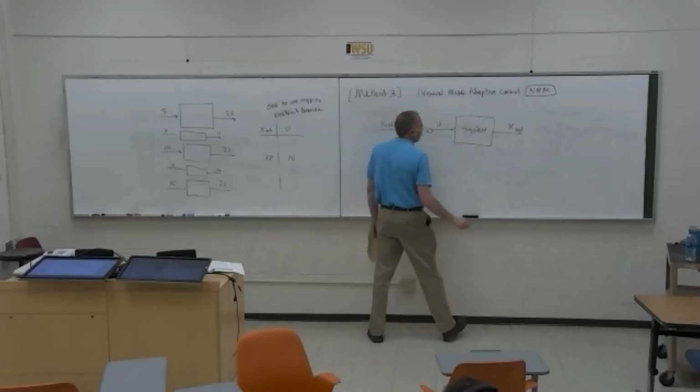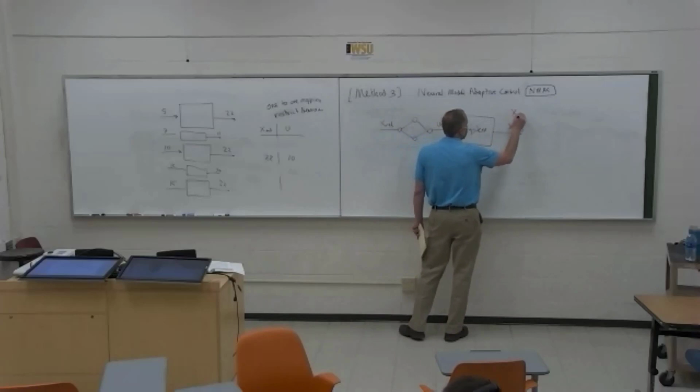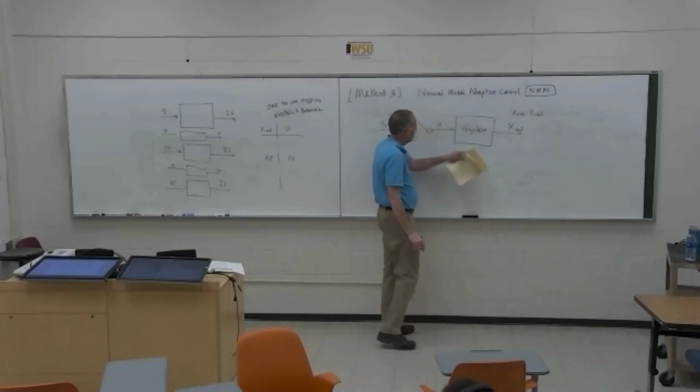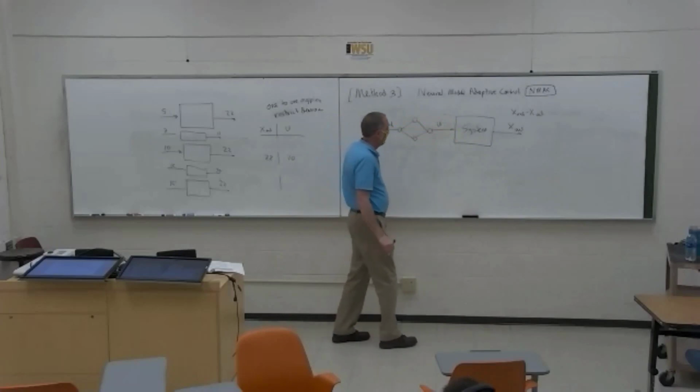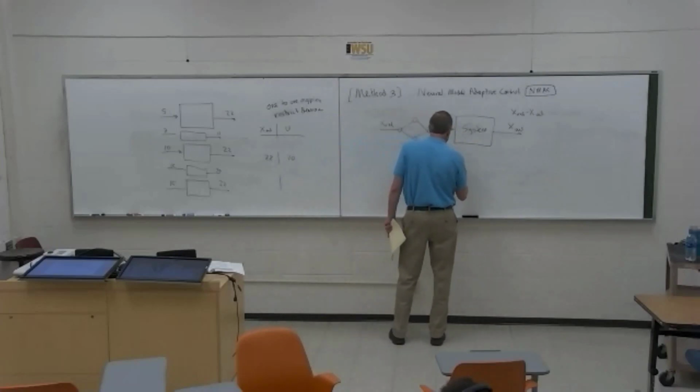And we have the issue that if we have an error here, what we wanted versus what we actually got, how do we get it back here? We can't backpropagate through a box. We can backpropagate through a network. So we fix that by adding a neural net model to the system.